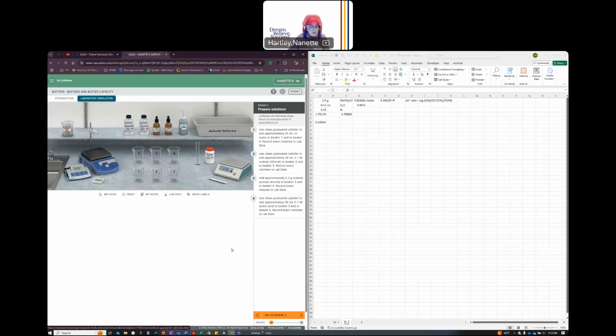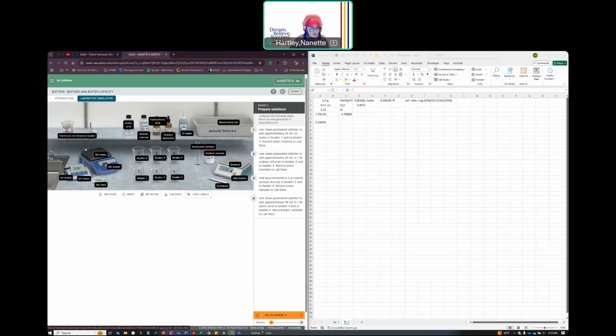Use clean graduated cylinder to add approximately 50 milliliters water to beaker 1 and to beaker 4. So I need to show my labels. Where my DI water is. Here's my DI water.